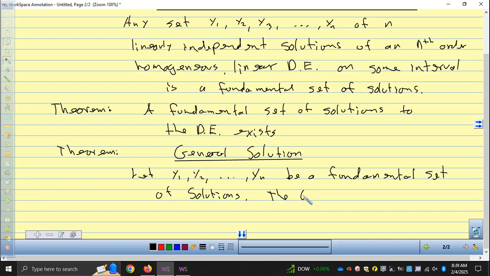The general solution, and we're talking about the solution to that nth order homogeneous linear differential equation, I don't want to rewrite it every time.